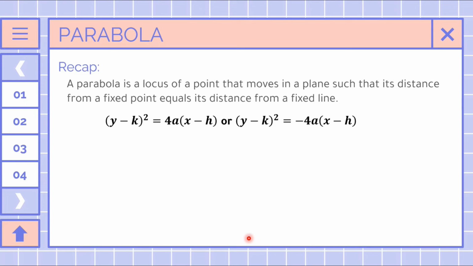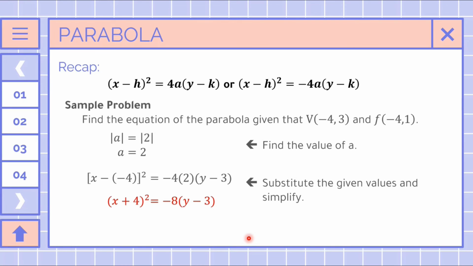So next, let's try to solve naman this. A parabola, by the same definition, the standard equation of a parabola can be transformed when the parabola goes sidewards or horizontally. Yung kanyang opening ay horizontal.